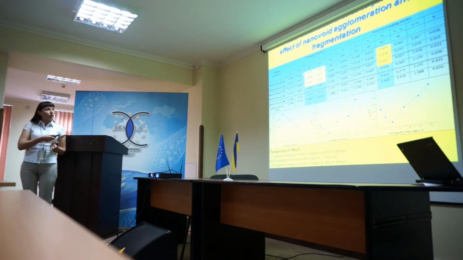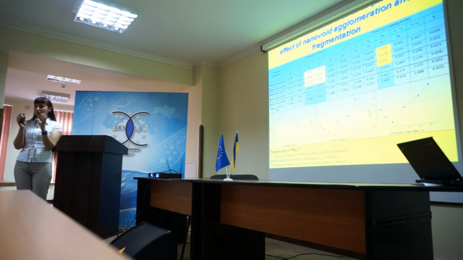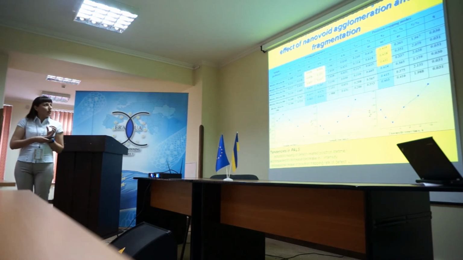The lifetime of this component reflects the size of the nanovoid. We can calculate the radius using the tau L2 model, and the size of this nanovoid is near 0.1 to 0.3 nanometer. Intensity I2 reflects the concentration of this defect.